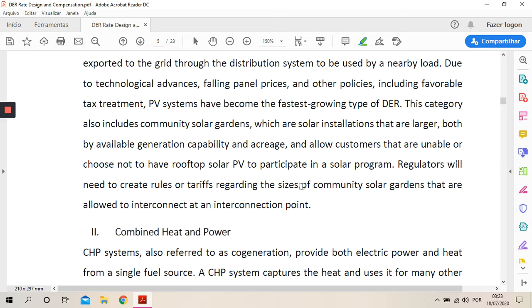This category also includes community solar gardens, which are solar installations that are larger both by available generation capacity and acreage, and allow customers that are unable or choose not to have rooftop solar PV to participate in a solar program.